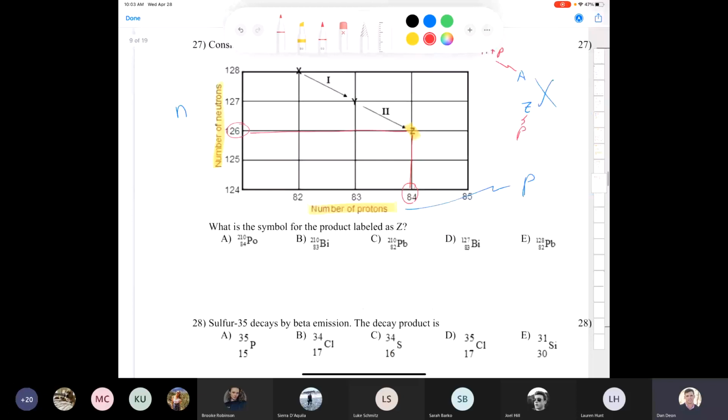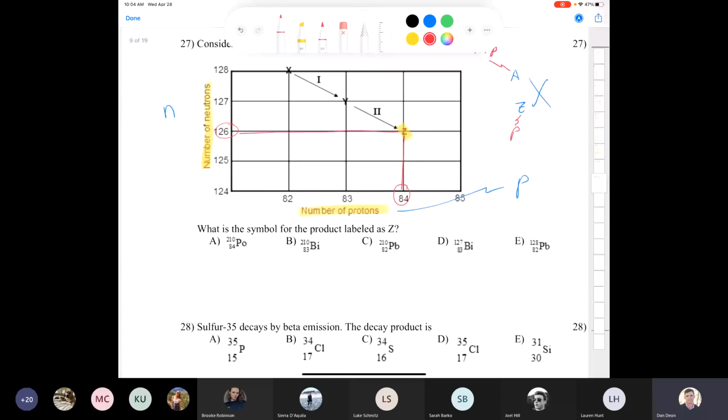If it's got 84 protons, I go over to my periodic table and look up element number 84, and it's going to be polonium. That's an atomic number of 84. For my mass number, A, I just tally up 126 plus 84, and I get 210. So it's going to be polonium 210, which is A.